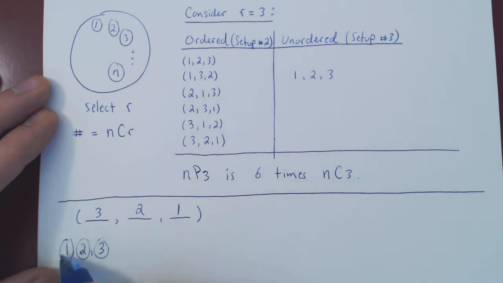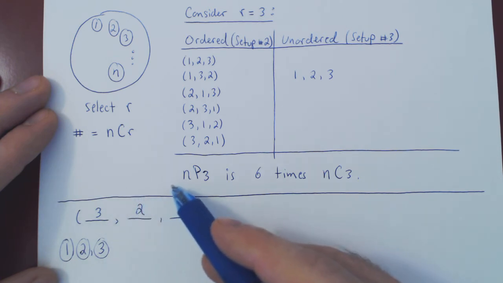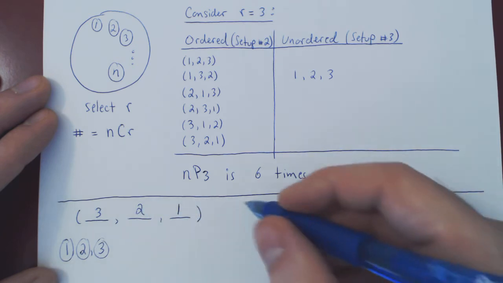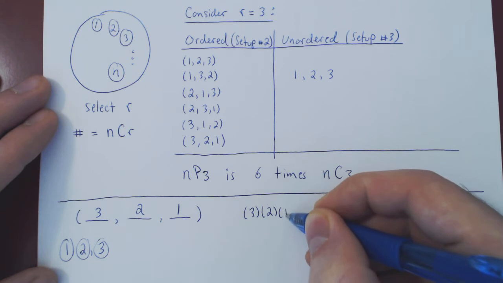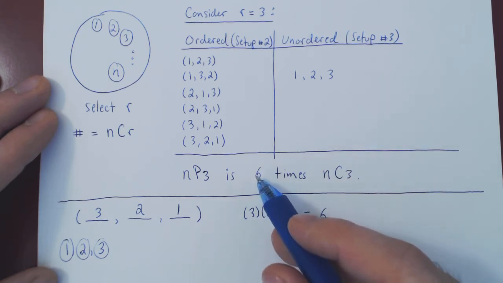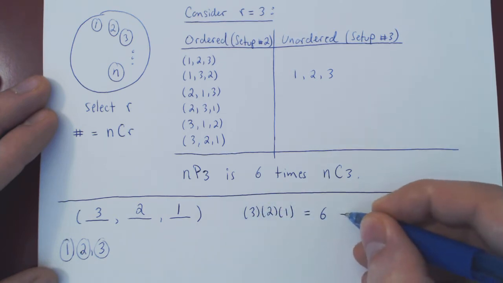So when you reorder those 3 elements, you have 3 options for the first pick, then 2 for the second, then 1 for the third. So in total, we are saying 3 times 2 times 1, which equals 6. Aha! But we can view 6 as 3 factorial.